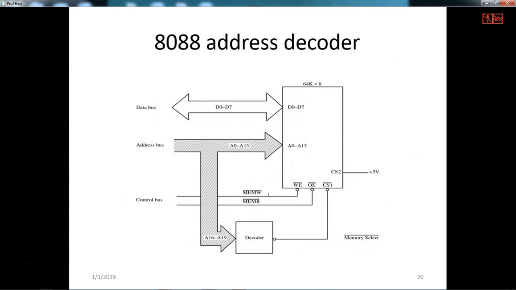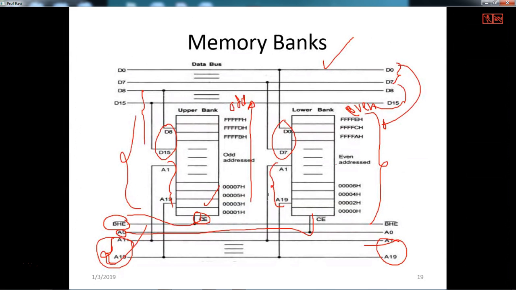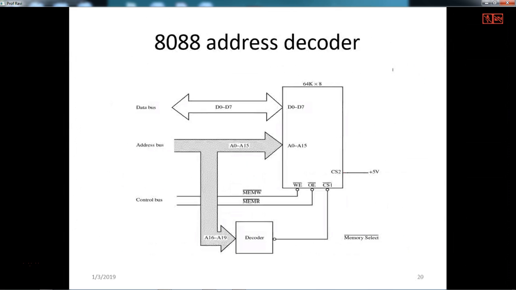So now if you try to see a decoder, see here we have seen the fundamental things, like what happens when you are doing memory interfacing, which lines have to be connected to which pins of 8086. So a rough sketch we have seen, data lines, address lines, A0 we have seen, BHE we have seen. So here it is an address decoder for 8088.